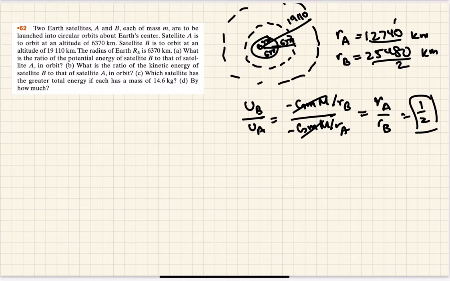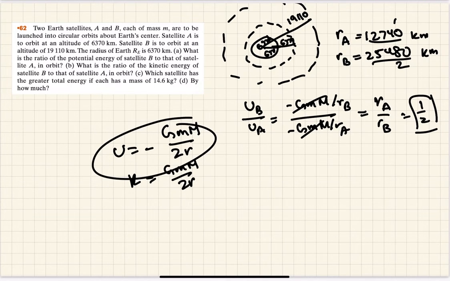Part B, what is the ratio of the kinetic energy of B to A? Well, what is kinetic energy? We know that the sum of the energies has to be equal to 0, and since potential energy in the orbit is negative GMm over 2r, that means kinetic energy has to be GMm over 2r.